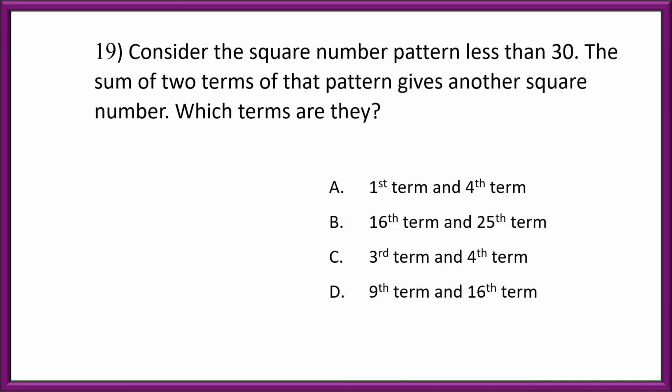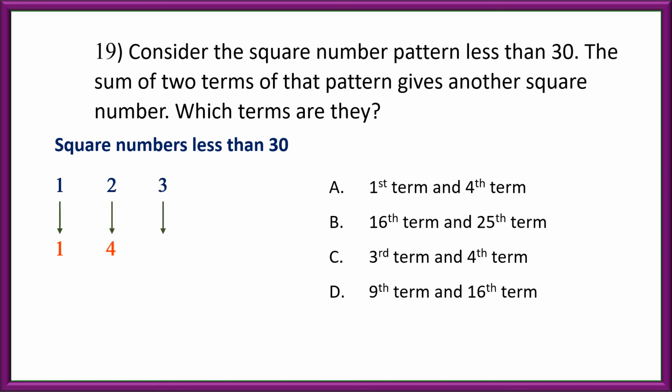Question number 19. Consider the square number pattern less than 30. The sum of two terms of that pattern gives another square number. Which terms are they? Let's consider square numbers less than 30. 1, 4, 9, 16, 25.